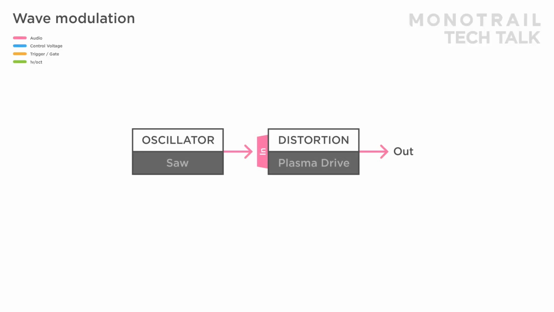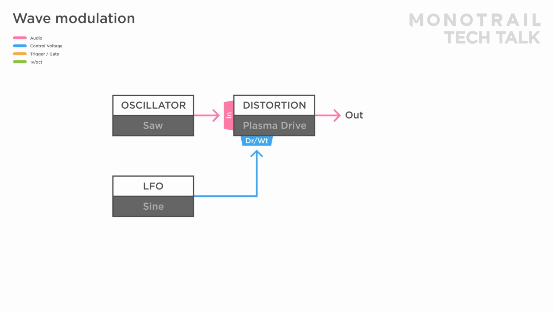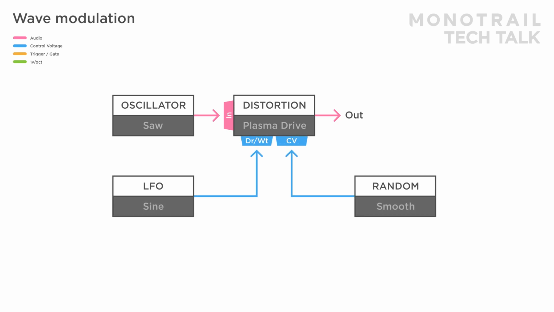Of course, the CV inputs allow you to animate the waveform, for example by modulating the dry-wet mix with an LFO and the voltage CV with a smooth random voltage.